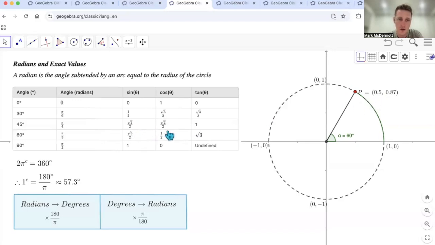Sine divided by cos gives you root 3. 90 degrees is pi on 2 radians. The sine value there, the y value, is 1. The cosine value is 0 because that's the x value. And your tan value is undefined because you can't do 1 divided by 0. So that is radians and exact values. These must be known off by heart.